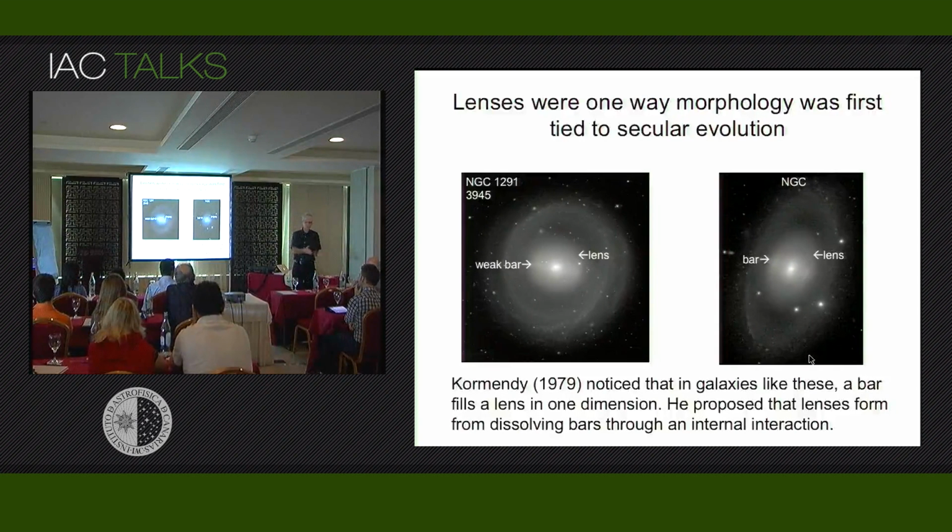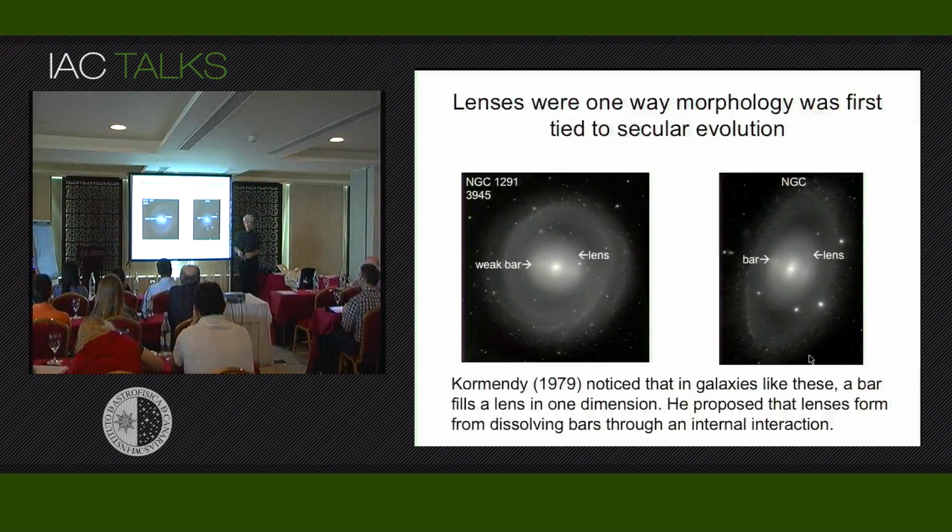Now, as John showed, I wanted to mention this again because I think John is probably the father of this subject. Would you agree with that? He's the father of this subject, secular evolution, because the title of his paper has the word secular evolution. I don't know if there's an earlier paper that says that.